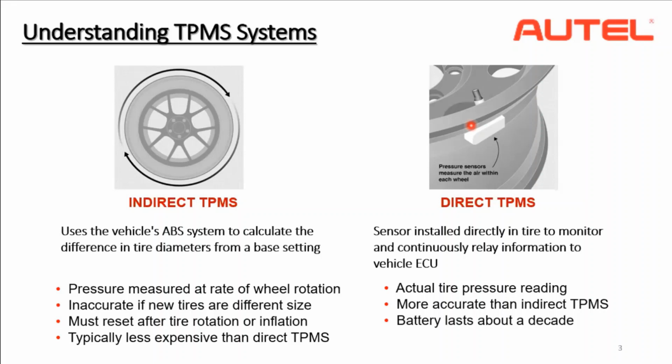What that means is the TPMS sensor uses a cell battery, and the cell battery has a life that can last up to 10 years. So that's the good part of it, even though it uses a cell battery. No reset after inflation, like in an indirect TPMS system, is required.